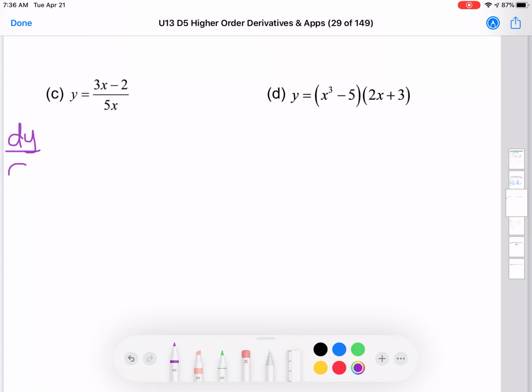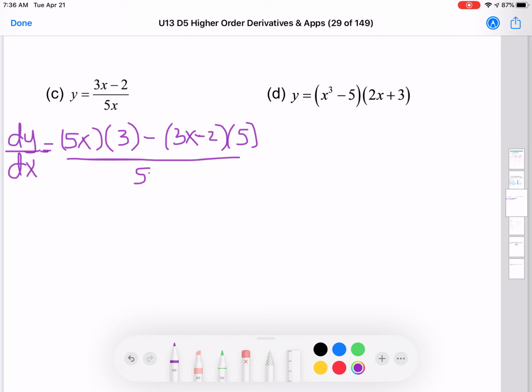So first derivative. So we have a little quotient rule going on. So it's bottom times derivative of the top, minus top times derivative of the bottom, all over bottom squared. Okay, so we do need to clean this up before we find the second derivative.